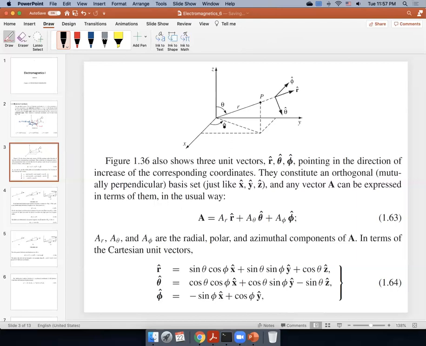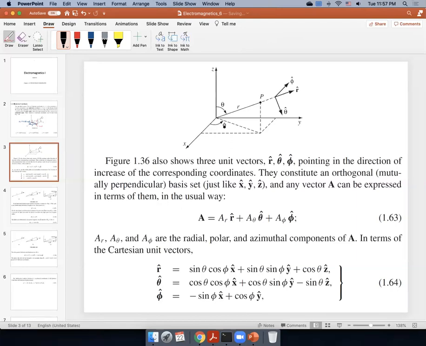In Cartesian coordinates, you have three unit vectors, which are x hat, y hat, z hat, and they are perpendicular to each other, or we call it orthogonal.